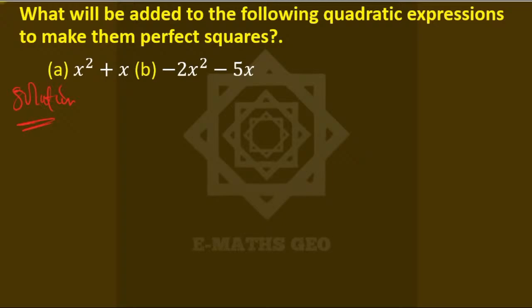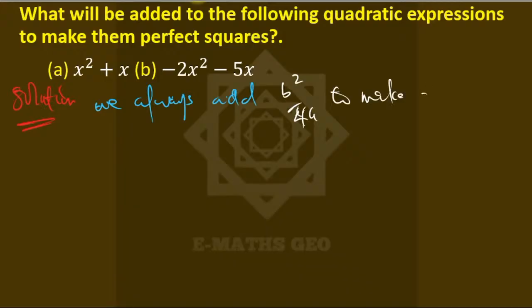So we always add b squared over 4a to make ax squared plus bx a perfect square.